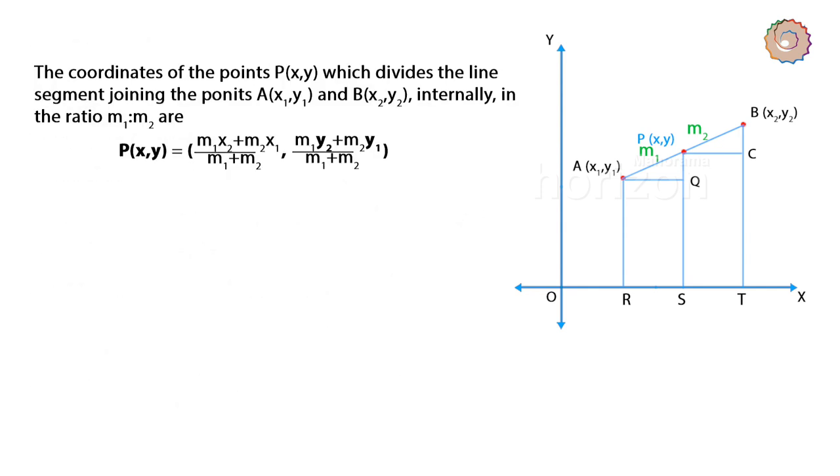So the coordinates of the point P (x, y), which divides the line segment joining the points A (x1, y1) and B (x2, y2) internally in the ratio m1 is to m2 are P(x, y) equals ((m1 x2 plus m2 x1) divided by (m1 plus m2), (m1 y2 plus m2 y1) divided by (m1 plus m2)). This is known as the section formula.